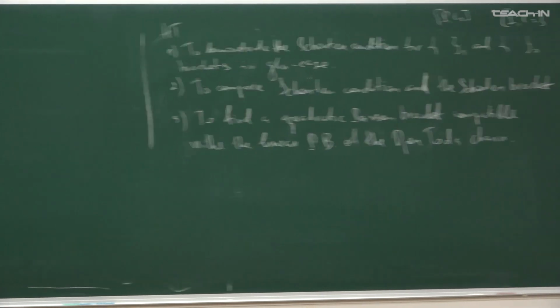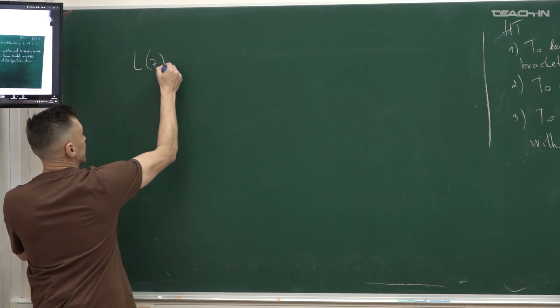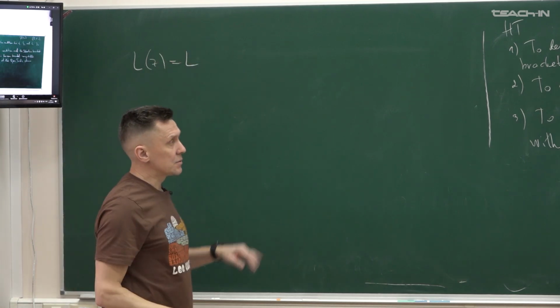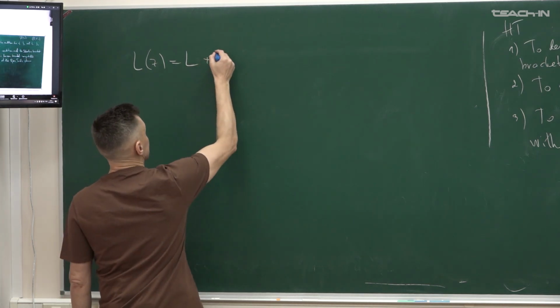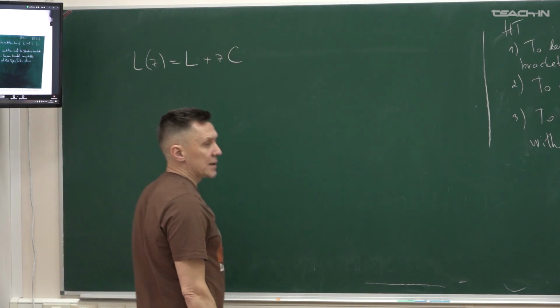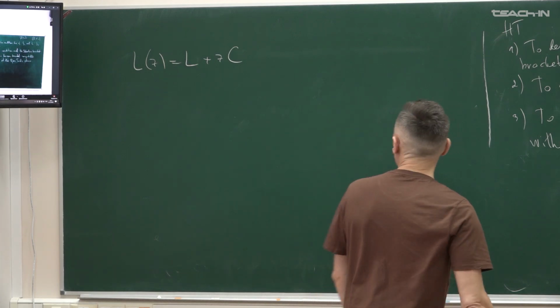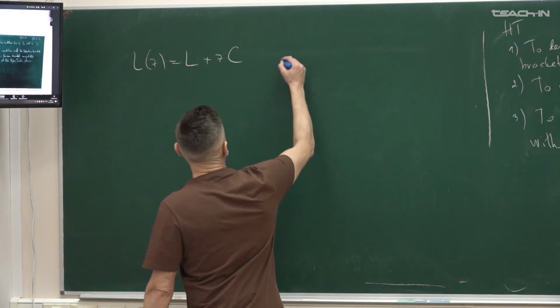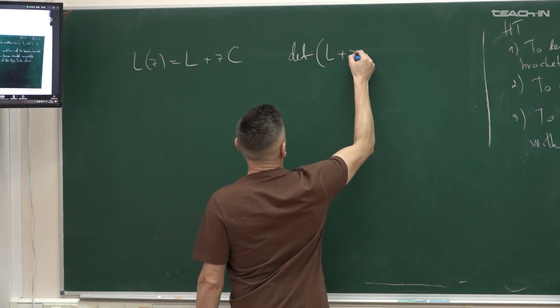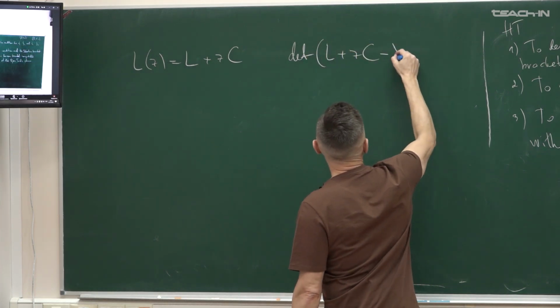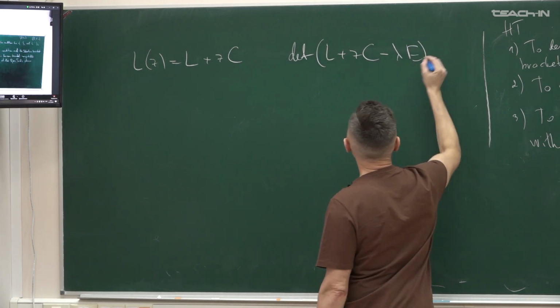So we consider L of Z, which is the same L Gaudin generating function, plus Z multiplied by an auxiliary constant matrix. And I started to study such a characteristic polynomial.